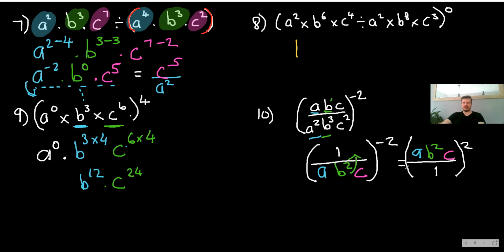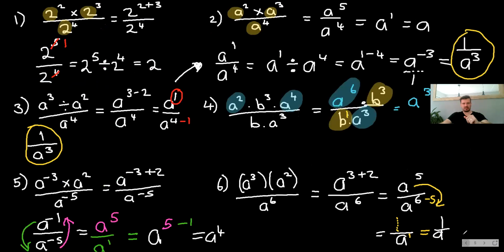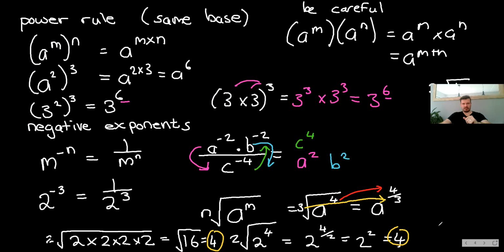So what have I done? I've simply moved this whole ABC to the top and changed this to a positive 2. So that I can do because of that rule about our negative exponents over here.